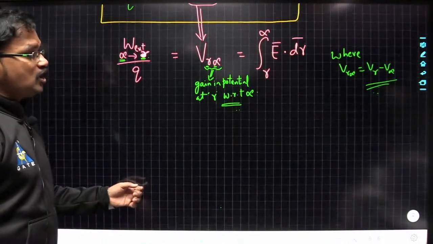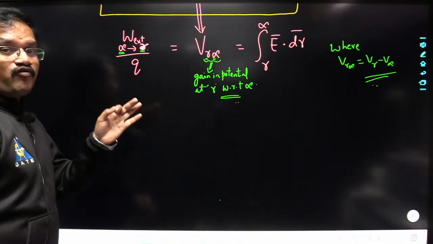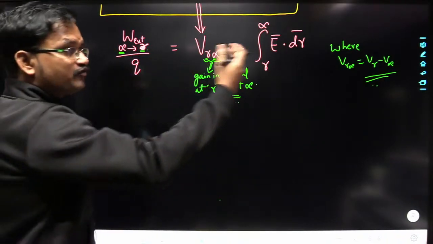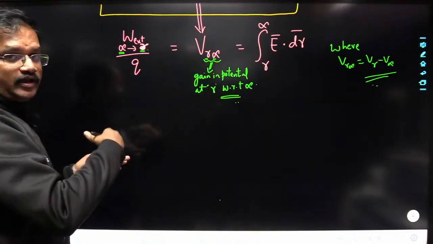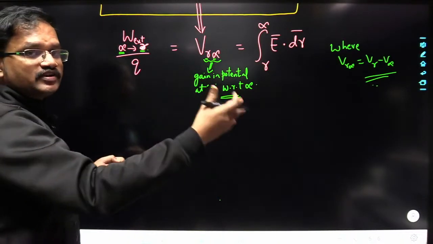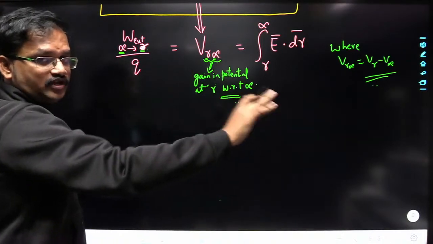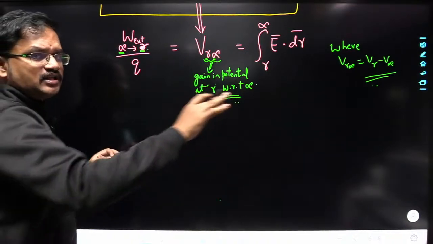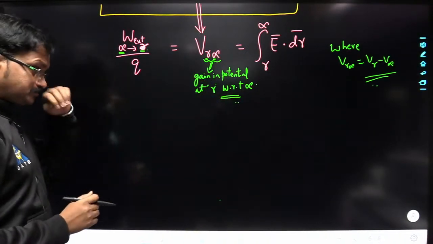Potential at any point is nothing but the work done in order to move a unit positive charge from infinity to that point. In general, we will consider the reference point as infinity, so that's why I am specifying infinity every time.